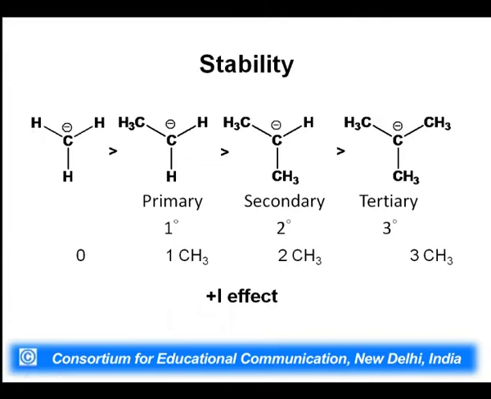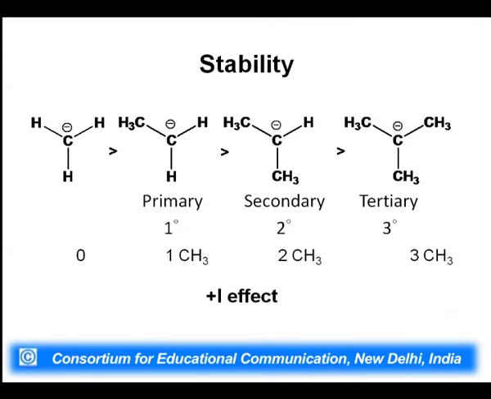However, if in the case of methyl anion we replace any hydrogen with more electronegative atoms or groups, say CH2Cl minus, chloromethyl carbanion, or any other electron withdrawing group, or a group which is more electronegative than hydrogen, there will be a pulling of the minus charge from the carbon, and those species would be more stabilized than the methyl carbanion because of the minus I effect of those atoms or groups.